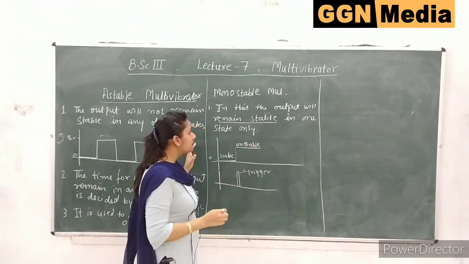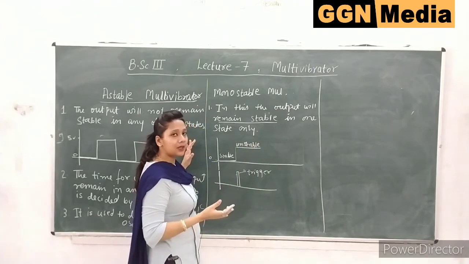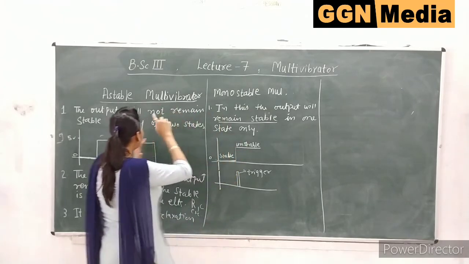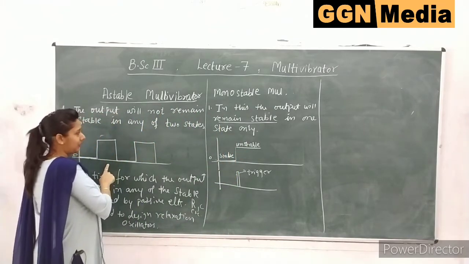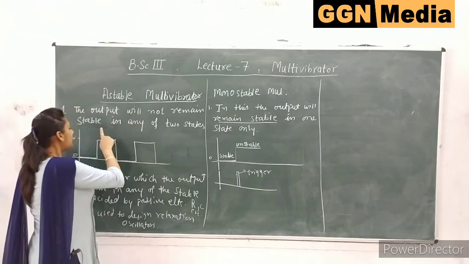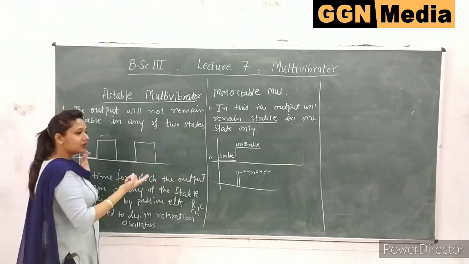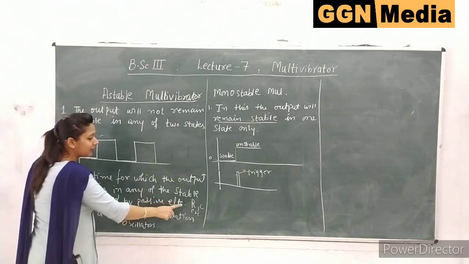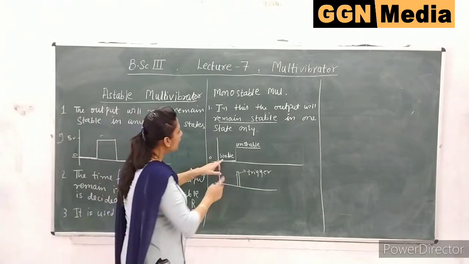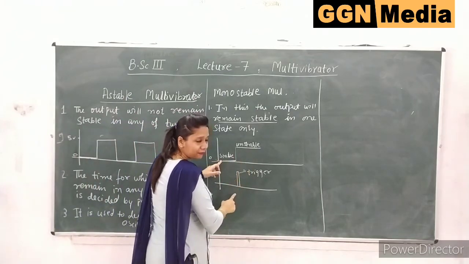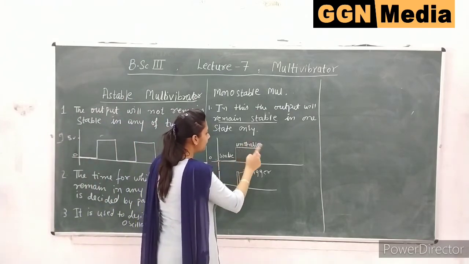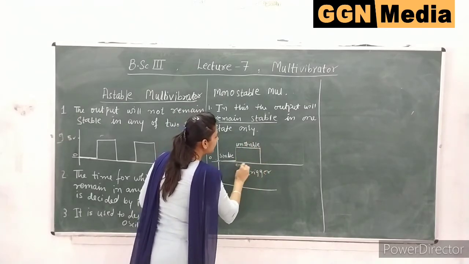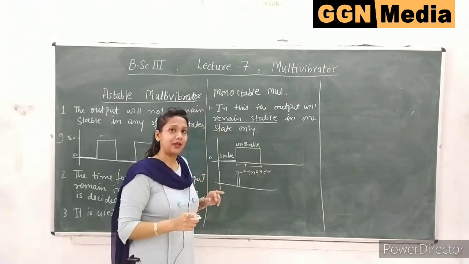Now the question is, after how much time will it again come back to stable state? We have discussed in the astable multivibrator that the time will be decided by passive components. So from stable to unstable, we have to apply some trigger, and when we want to go from unstable to stable state, that time will be decided by passive elements.